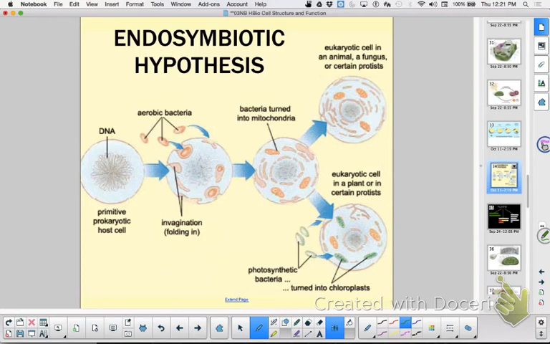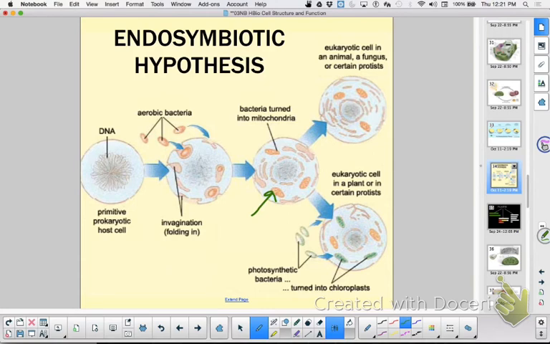So that's how you could get the nucleus, that's how you could get the ER. And then the energy organelles, mitochondria and chloroplasts, could have been little animal-like bacteria and a plant-like single-celled autotroph, and they went and lived inside of another prokaryotic cell.